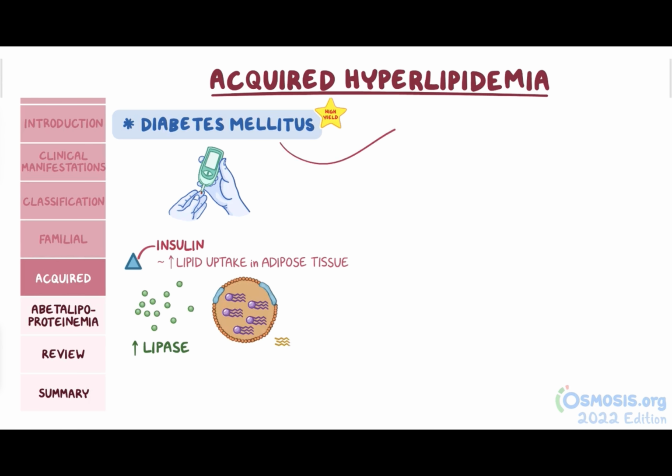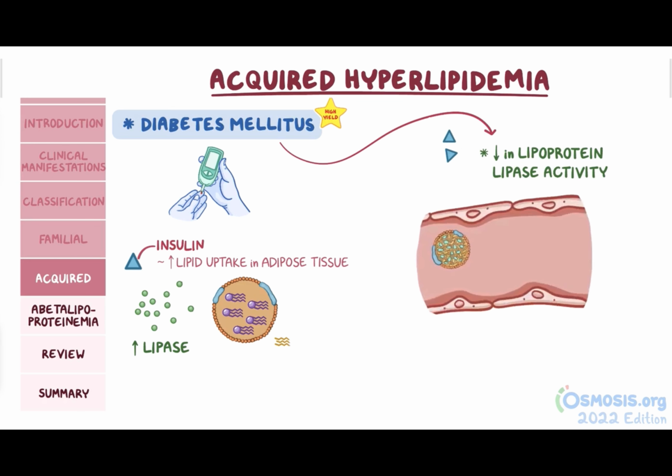In both type 1 and type 2 diabetes, insulin levels eventually drop, causing a decrease in lipoprotein lipase activity. So now instead of being broken down and stored, large amounts of VLDL particles just awkwardly sit in the blood, and these eventually get converted to LDL, the culprit in atherosclerosis.